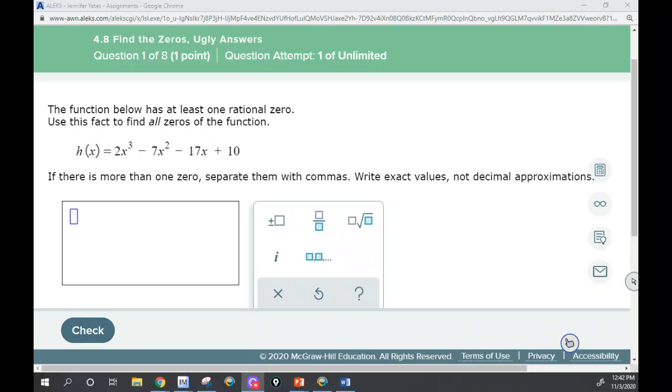We are finding all the zeros, not given a zero. So do you remember how to narrow it down to zeros to try? We use the possible rational zero theorem, and we took the divisors of the constant.